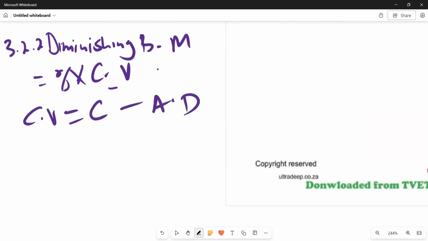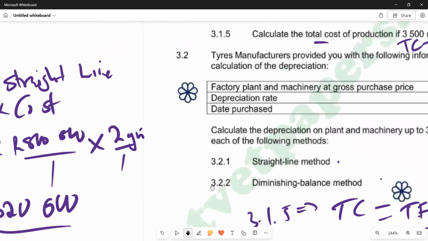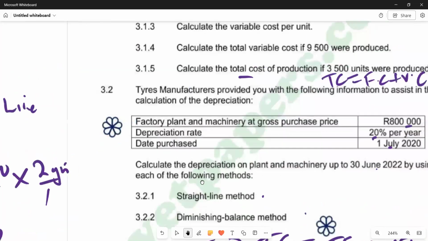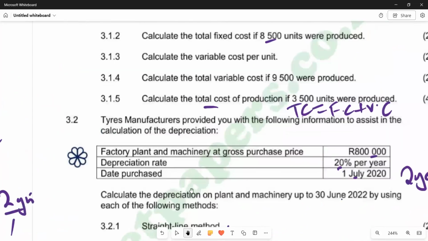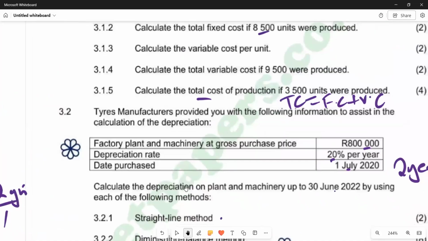So during the first year, by 30 June 2021, there was a year. So we calculate for that year. Remember, this percentage is given on an annual basis. So in the first year, there was no accumulated depreciation because it was just being bought. So depreciation is 0 in the first year because it was just being purchased.